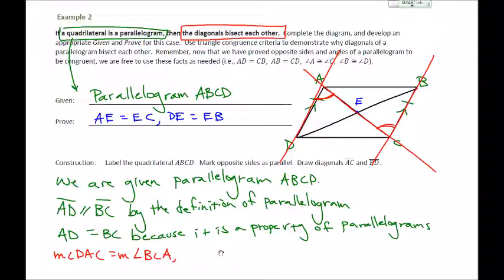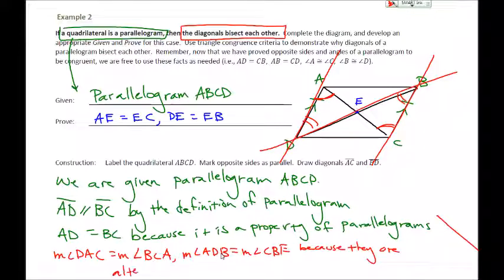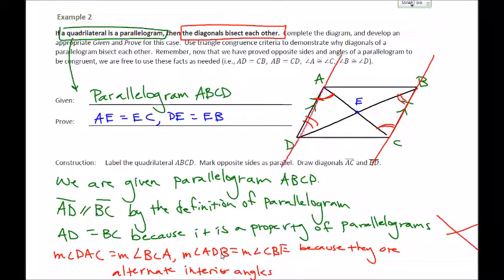And if we now think about segment BD being a transversal, then I also have angle ADE being congruent to angle CBE because they're also alternate interior angles. At this point, we have enough to prove the triangles are congruent by angle, side, angle. But I'm out of space, and so you should leave this on your page.